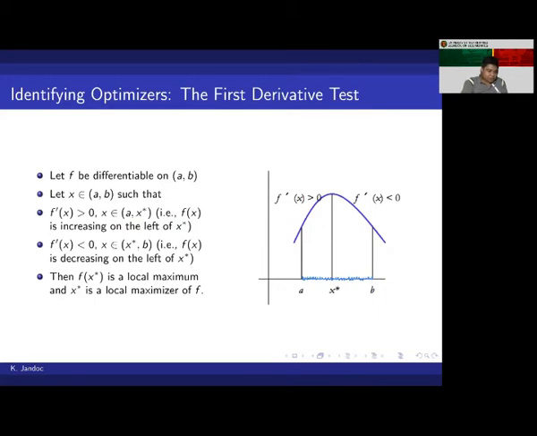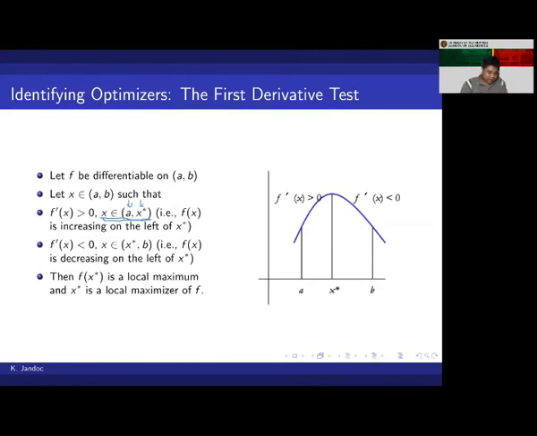Suppose that we pick a point x in AB, and this happens first for x between the point A and x star.